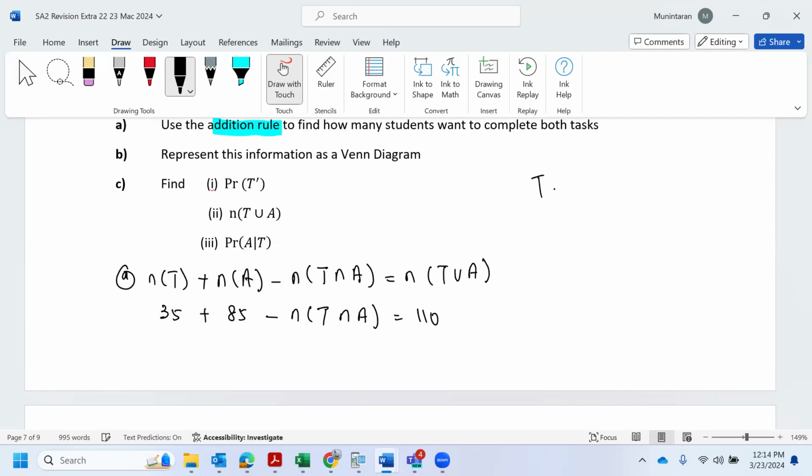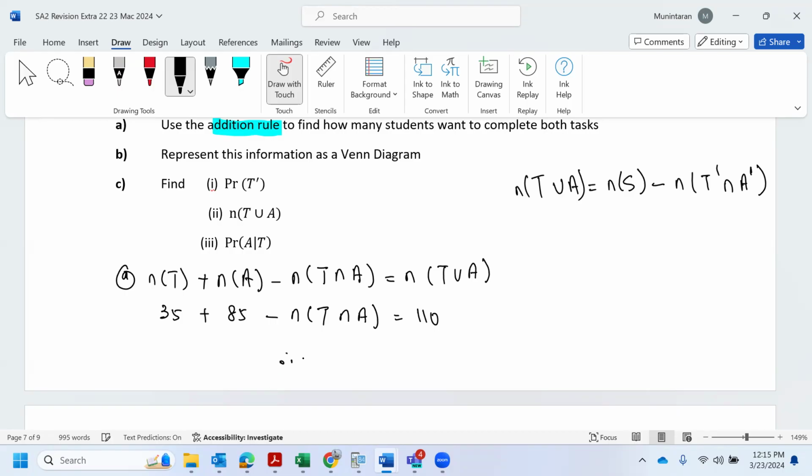T union A is equivalent to the total, the number of the sample space minus the number of not in T intersection not in A. If it's a number, you put the number; if it's probability, you put probability.